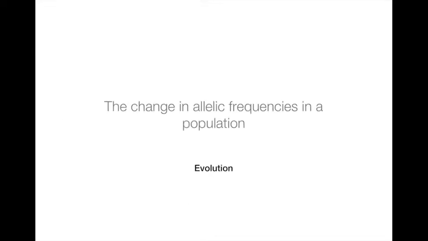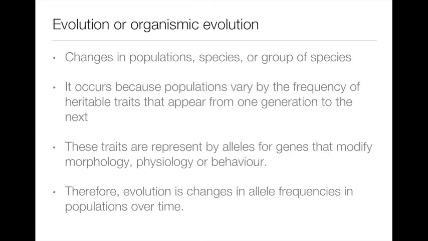And now we get into evolution. Evolution is the change in allelic frequencies in a population. But I don't believe that by saying that you understand much. In general, evolution or organismic evolution is about changes in populations, species, or groups of species.